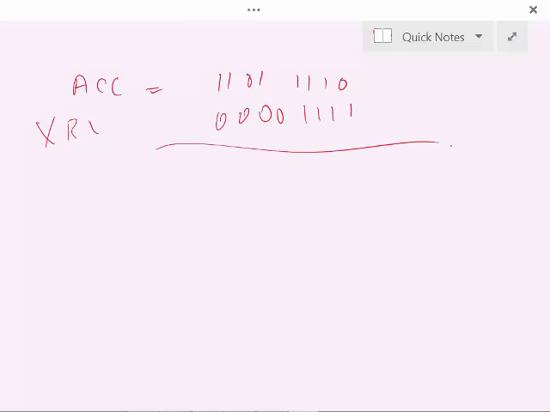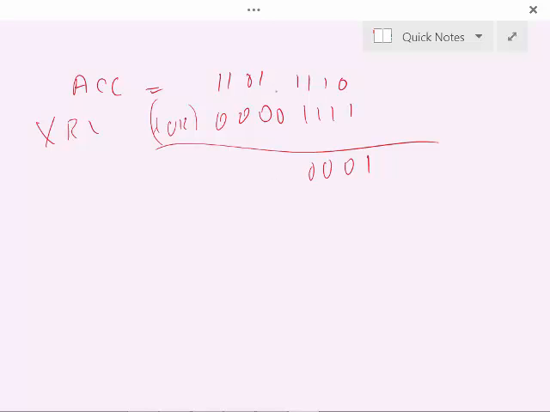If I've got the accumulator equal to 1 1 0 1 1 1 1 0, that's what's in the accumulator. And if I XOR that, XRL, with 0 0 0 0 1 1 1 1, I'm going to complement these bits here. 0 and 1 XOR is what? 1. 1 and 1 XOR is 0. 1 and 1 is 0.